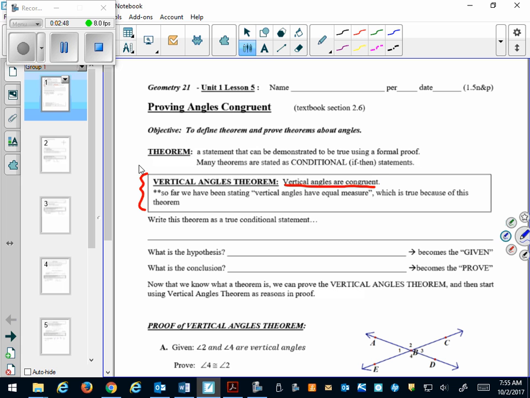How could you write vertical angles are congruent as a conditional? Okay, let's say if they, because they have to come in a pair, if they are vertical angles, then they are congruent.